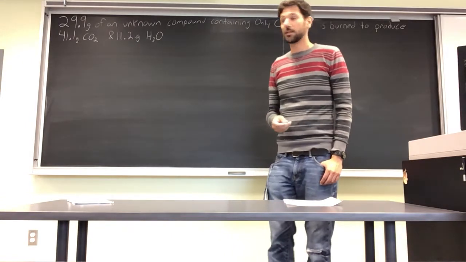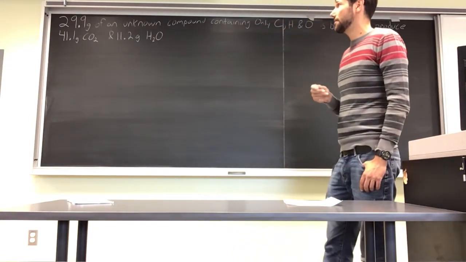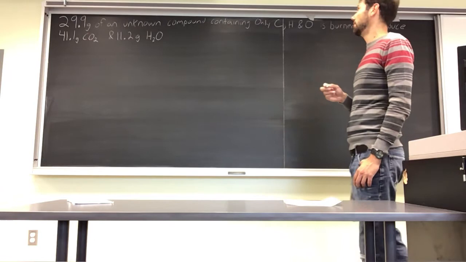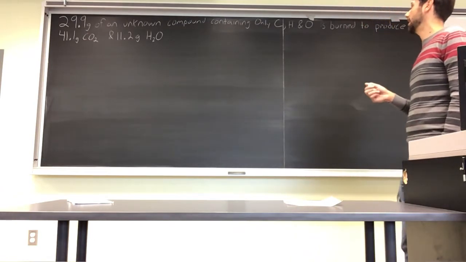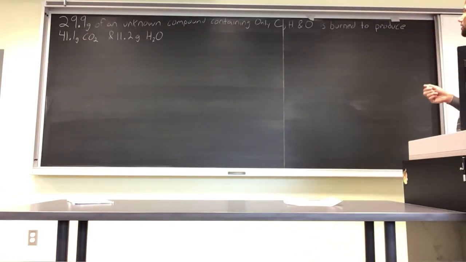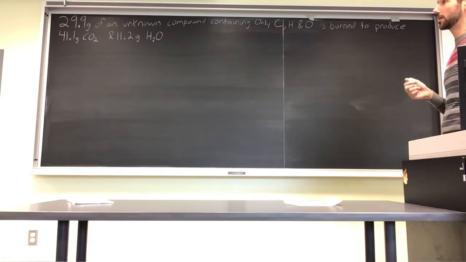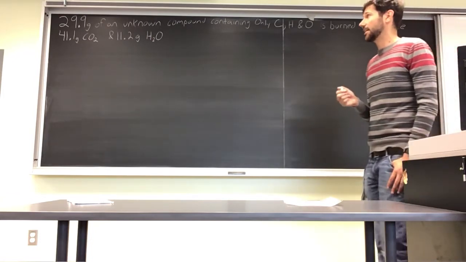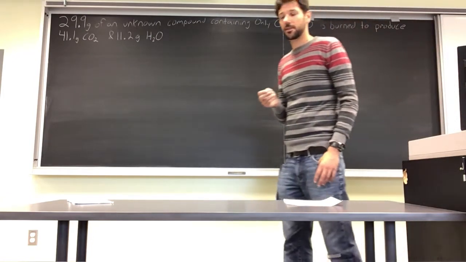So the question reads, 29.9 grams of an unknown compound containing only carbon, hydrogen, and oxygen is burned to produce 41.1 grams of carbon dioxide and 11.2 grams of water.